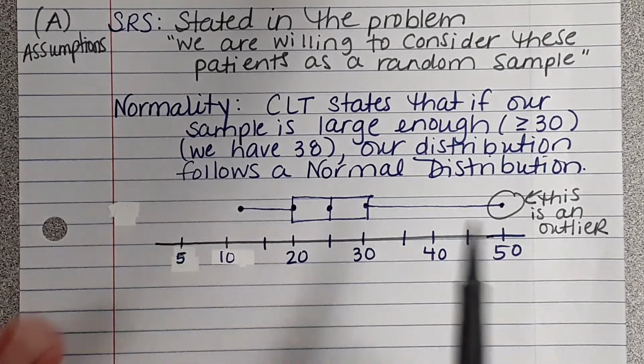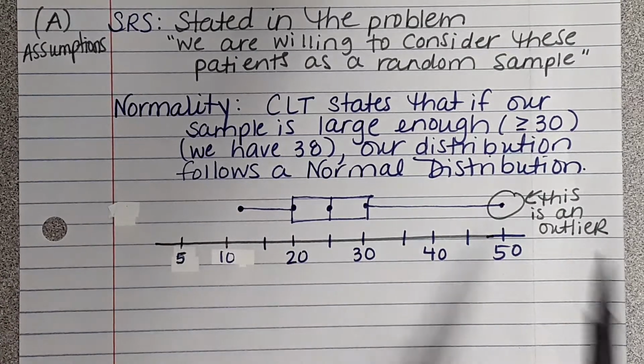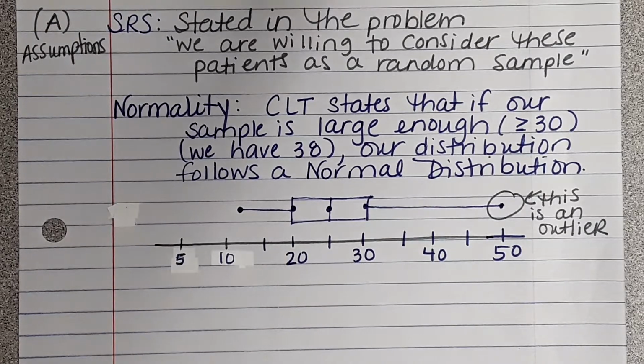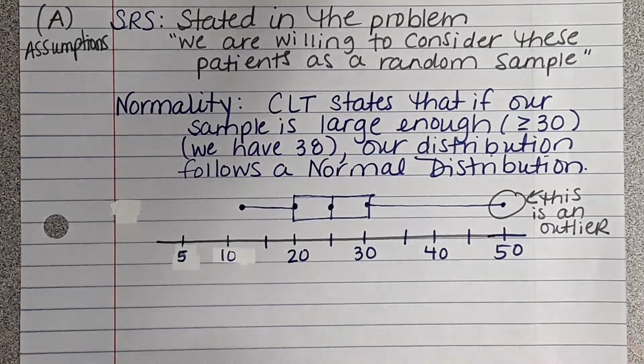CLT states that we have normality, even though we have an outlier. It's great because our sample size is large enough. The only problem that we have is this outlier, and the rest of the box plot is approximately symmetrical. Please do not say the distribution is symmetrical.